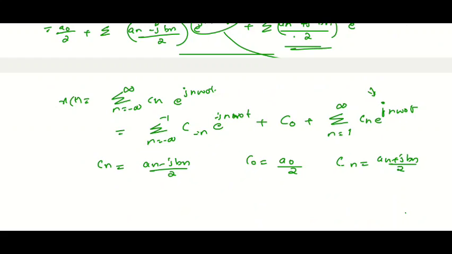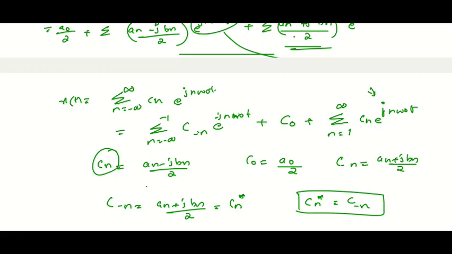What is this actually? C of minus n equal to an plus j bn divided by 2, which is actually the conjugate of this, right? Cn star. This is an important conclusion. Cn star equal to C of minus n.